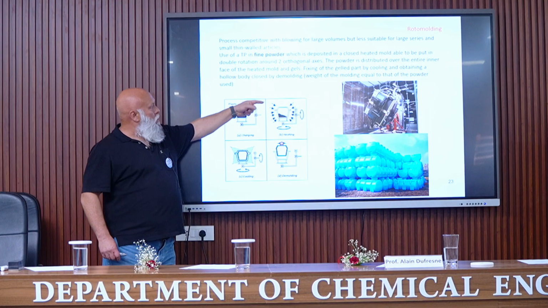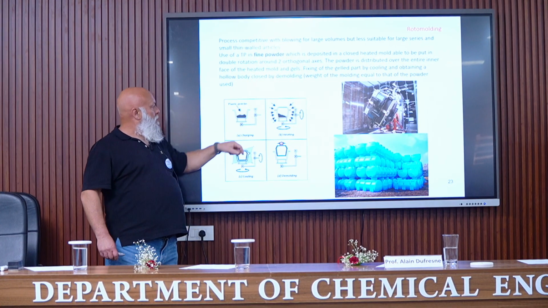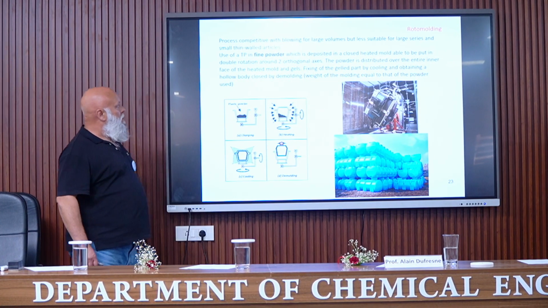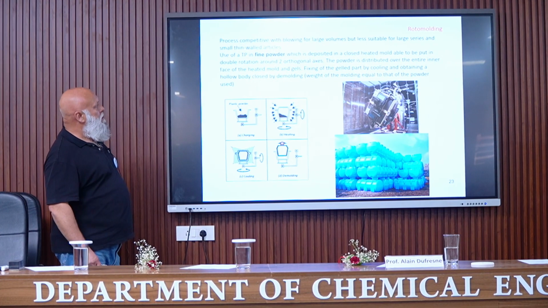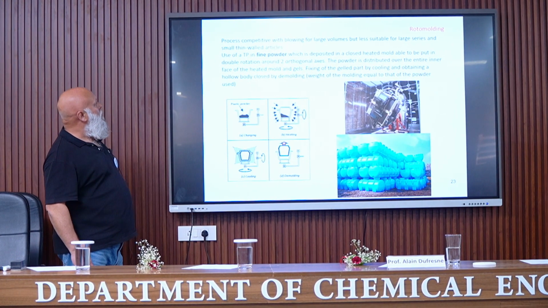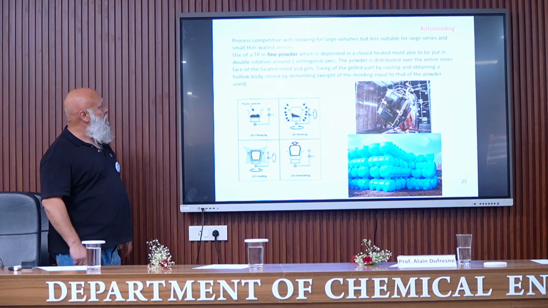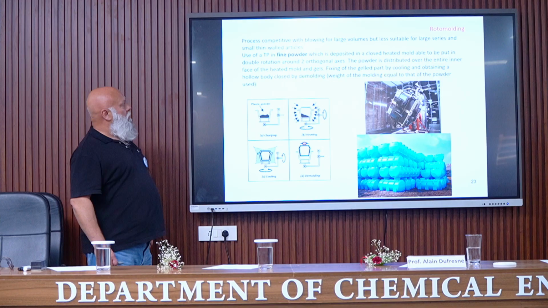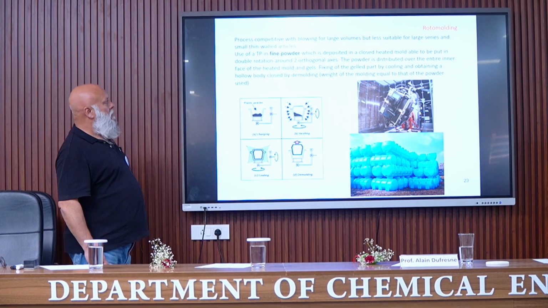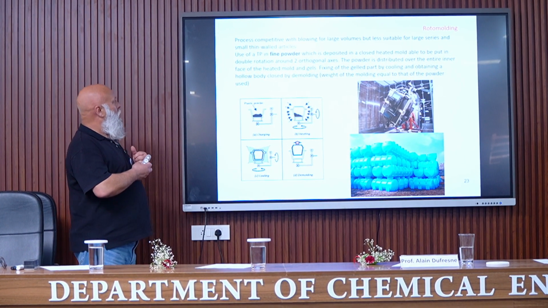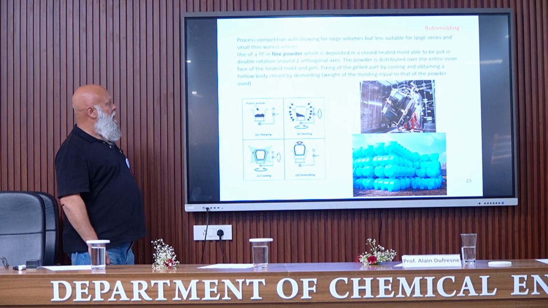The mold is closed. The powder is distributed over the inner surface of the heated mold, and it gels. Fixing of the gelled part by cooling and obtaining a hollow body by demolding. And of course, the weight of the molding is equal to that of the powder which is used.